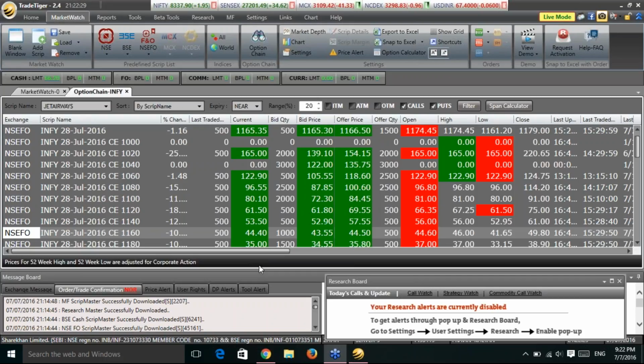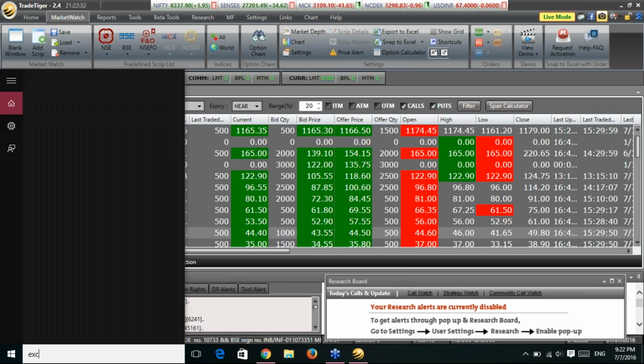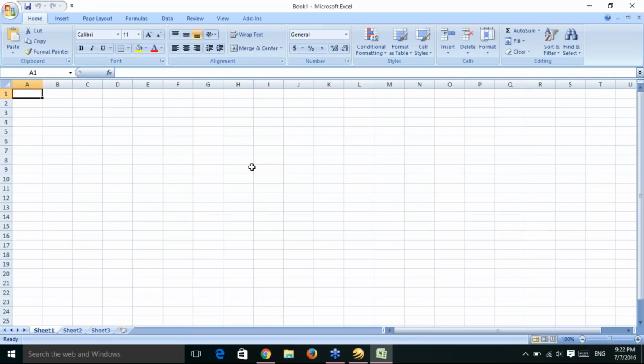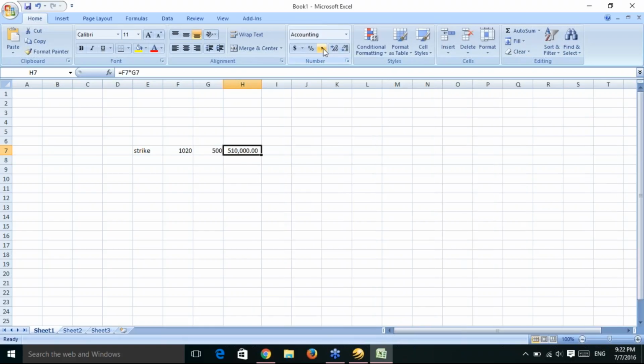So if I'm buying 1020, let's say the strike price or exercise price is 1020 and the lot size is 500, so you have to pay around 510,000, that is 5,10,000 to buy one lot.